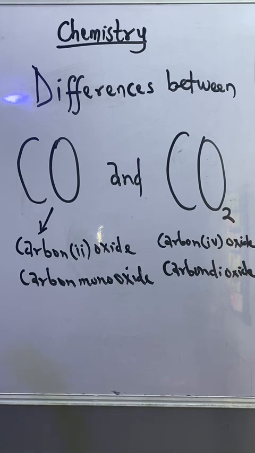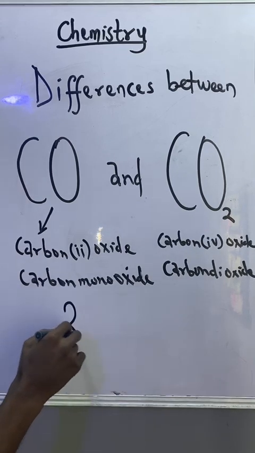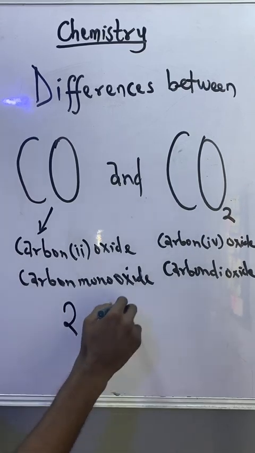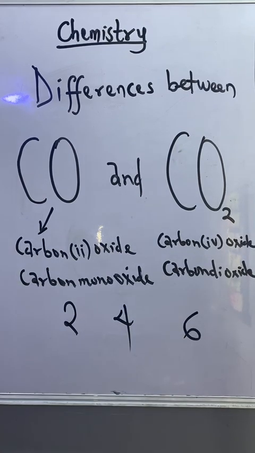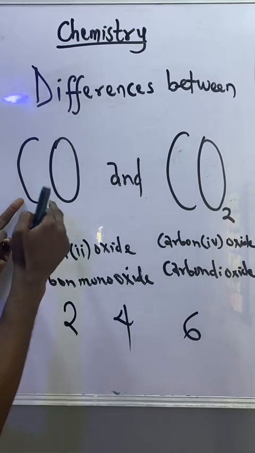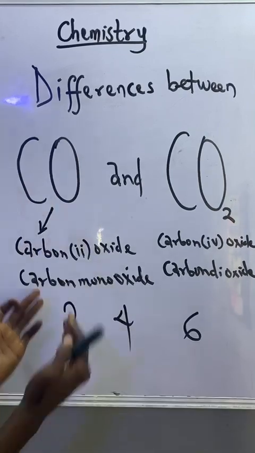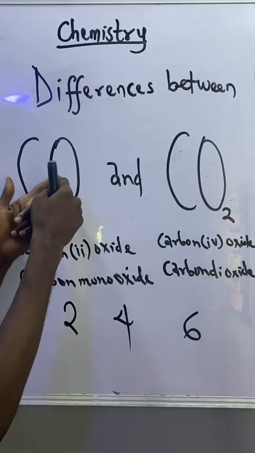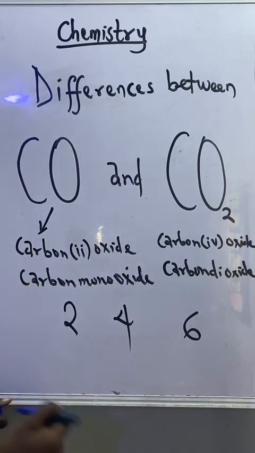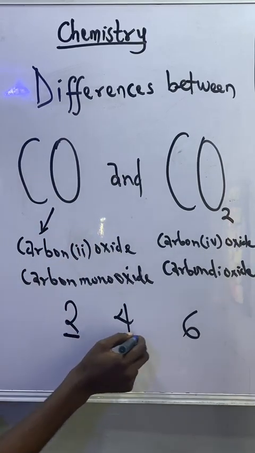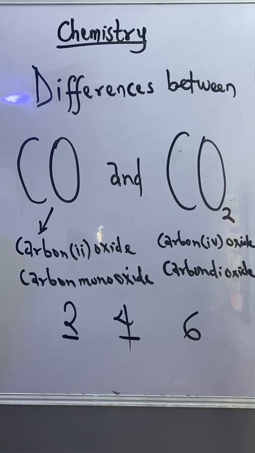They display variable valency, especially carbon. Carbon can have the valency of 2, it can have the valency of 4 sometimes, and then valency of 6 sometimes. Now, if carbon wants to form oxide, that is, if you want to form a bond with oxygen, it forms the bond covalently. So it can make use of either 2 or 4 to form the bond.